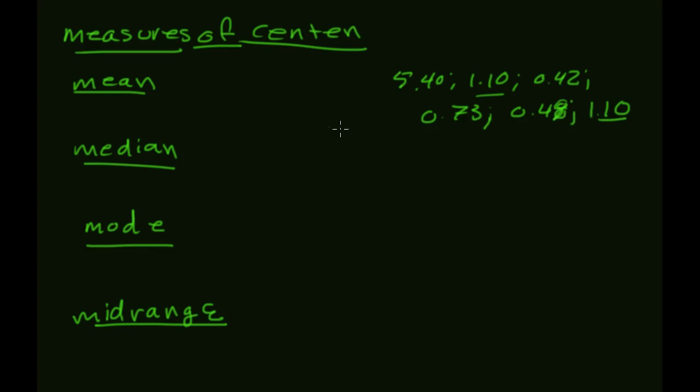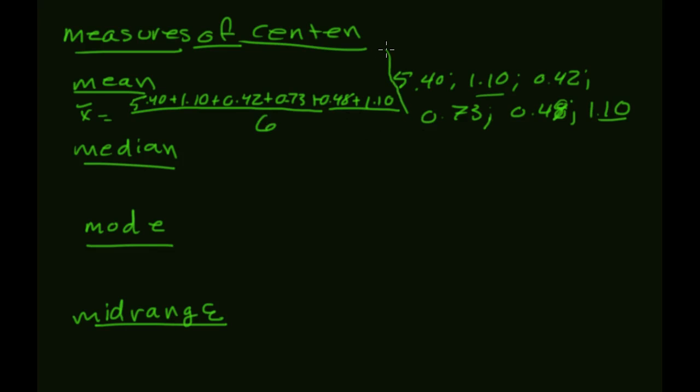Okay, so here's the way you find the mean. The mean is just the average that you normally account for. We use X bar to talk about the mean. So you take the values, 5.40 plus 1.10 plus 0.42 plus 0.73 plus 0.48 plus 1.10, and we divide that by 6.